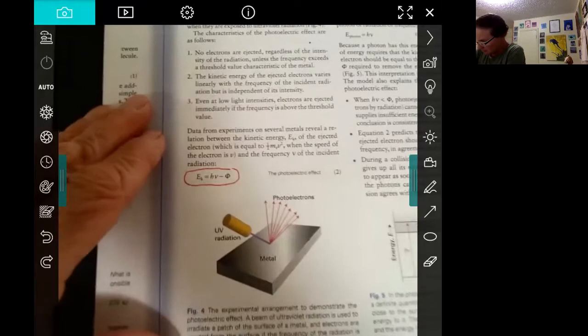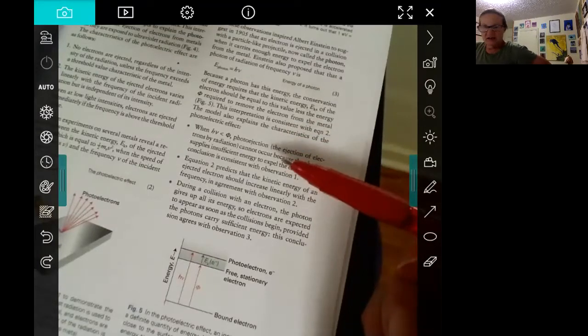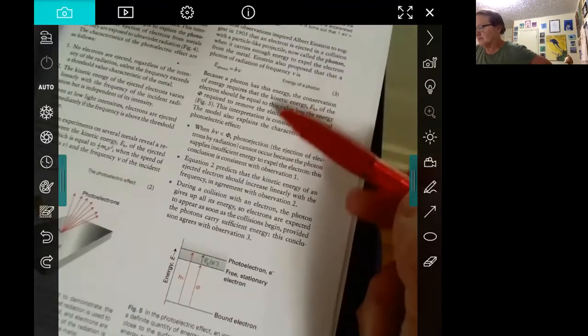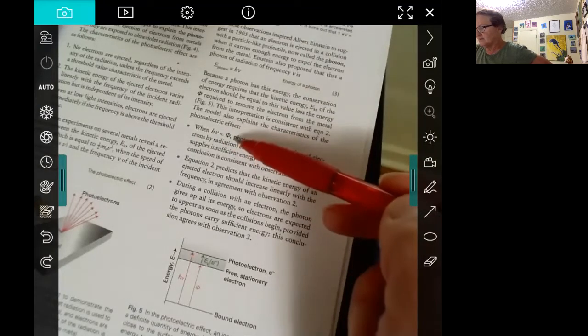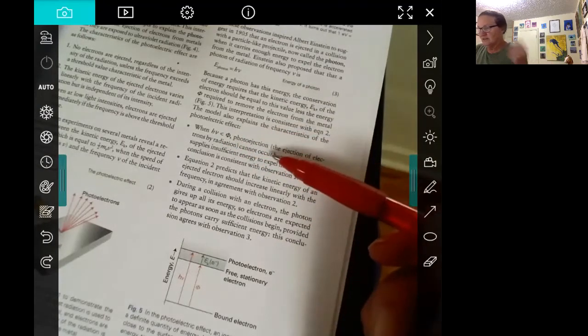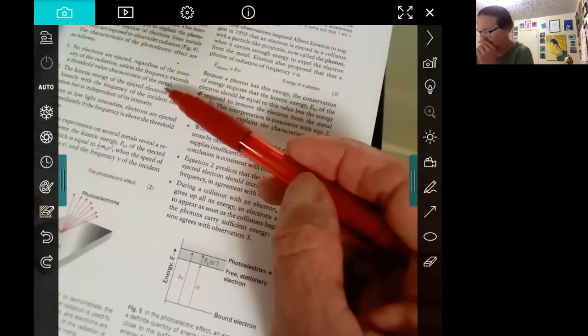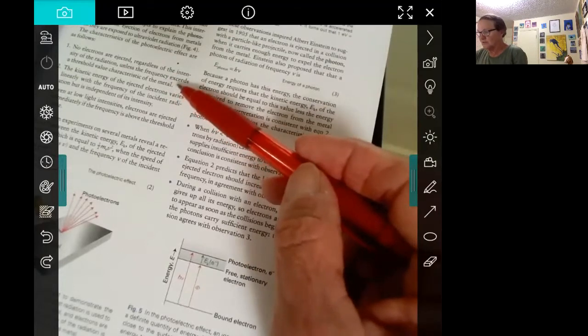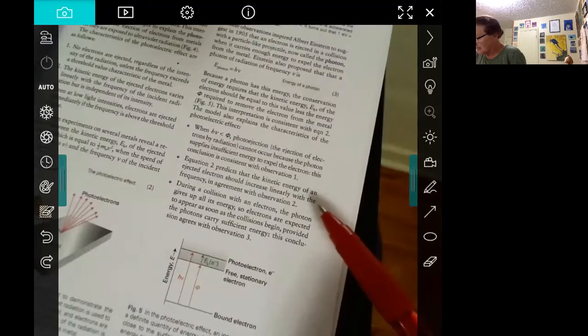It's the energy that it takes to remove that electron from its interactions with the nuclei. Once you make that conclusion, if you're assuming that light's a particle, then if the photon's energy is less than the work function, your electrons aren't going to be emitted. That's what they were seeing. At some threshold frequency, electrons start to be emitted, but below that they aren't.